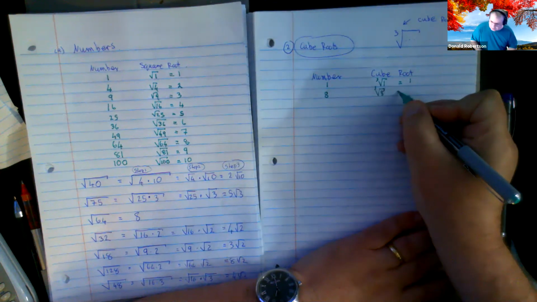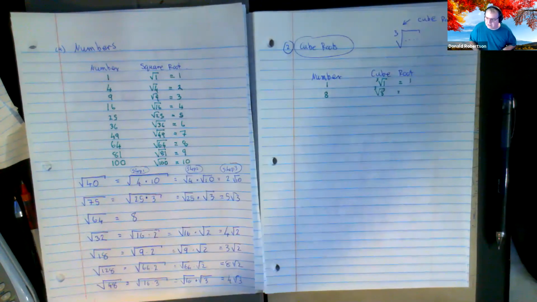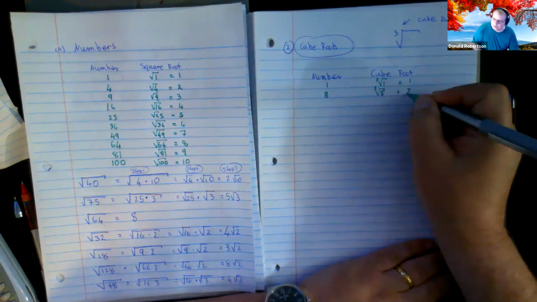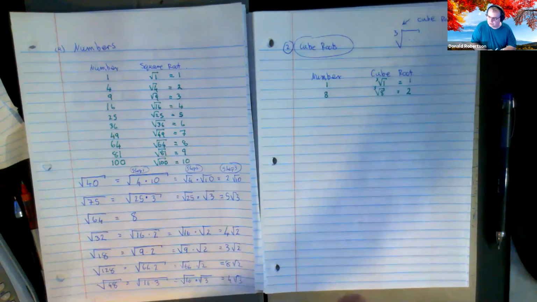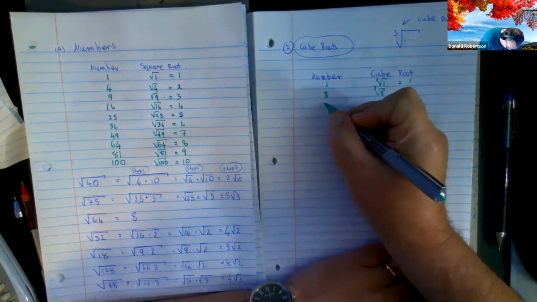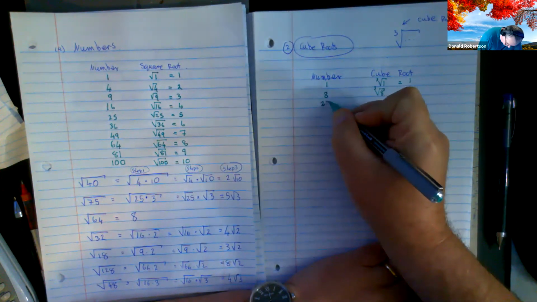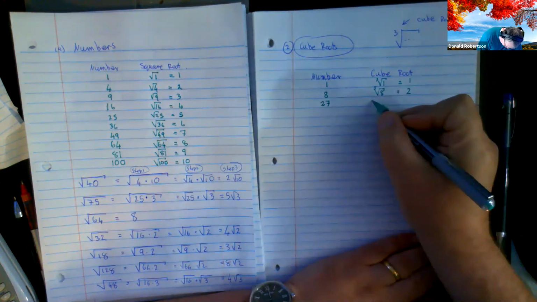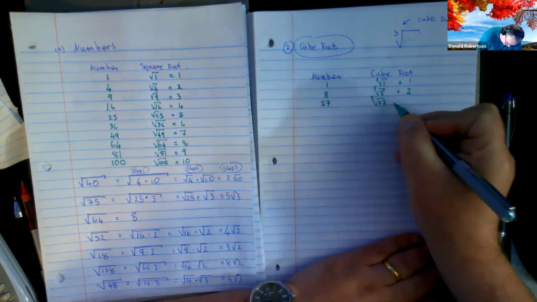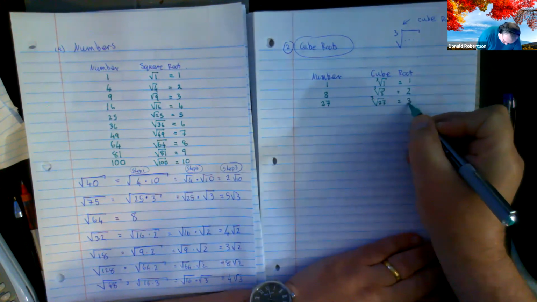A cube root is a number times itself again that gives you 8. So the cube root of 8 is 2, because 2 times 2 times 2 is 8. The next perfect cube is 27, and the cube root of 27 is 3.